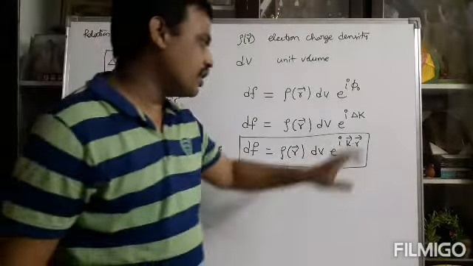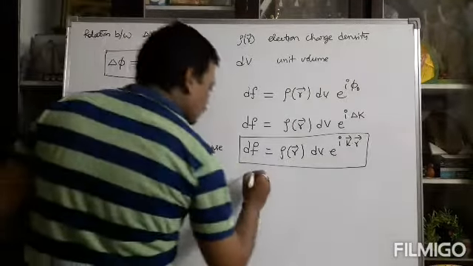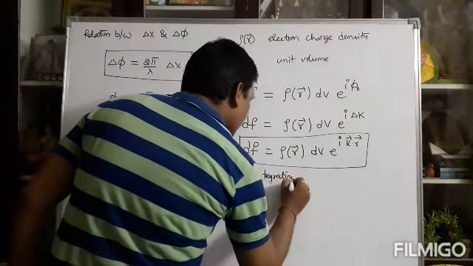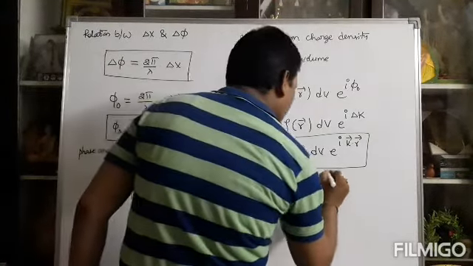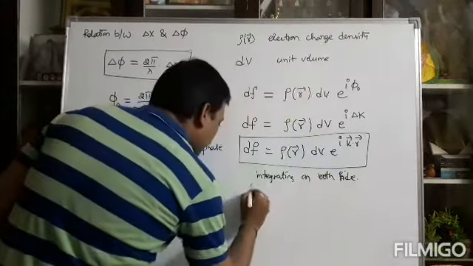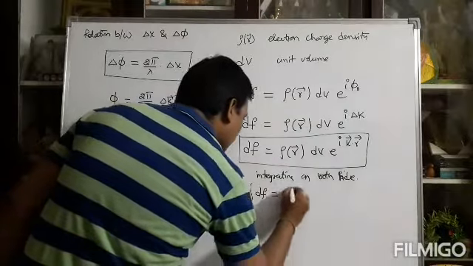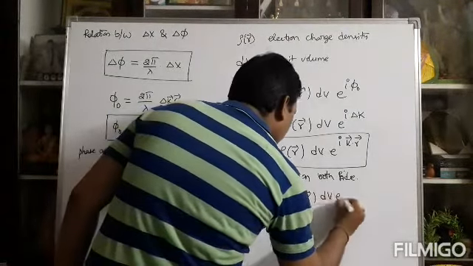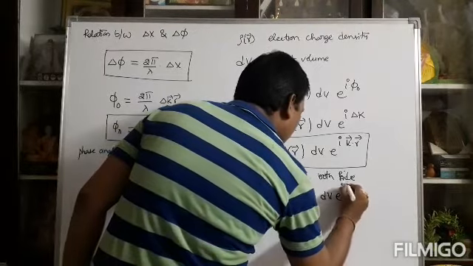So this equation, on integrating on both sides, we get integration of dF is equal to integration of rho of r bar into dV into e power i k bar into r bar.